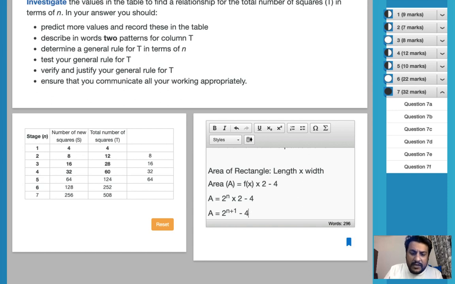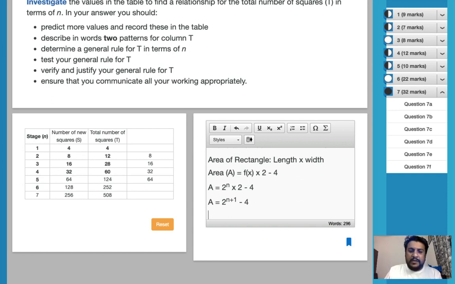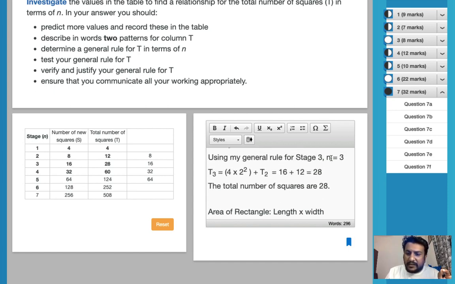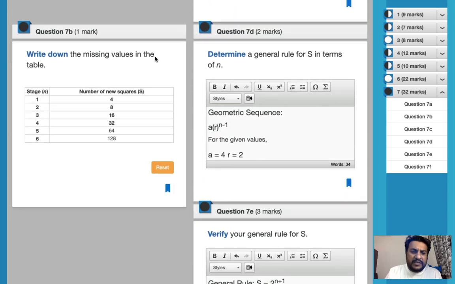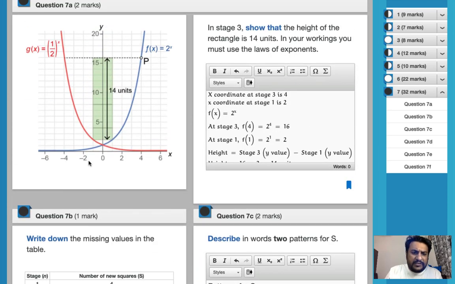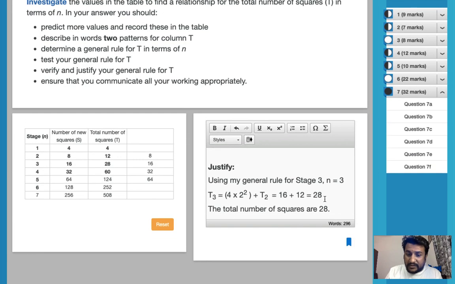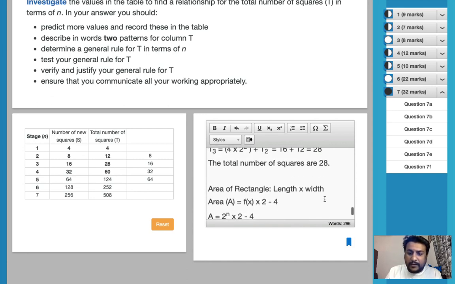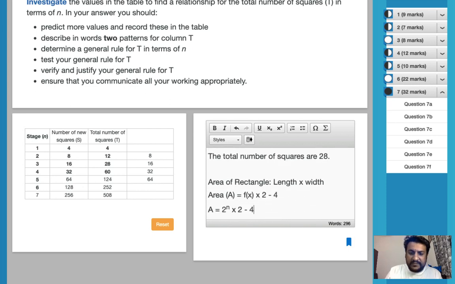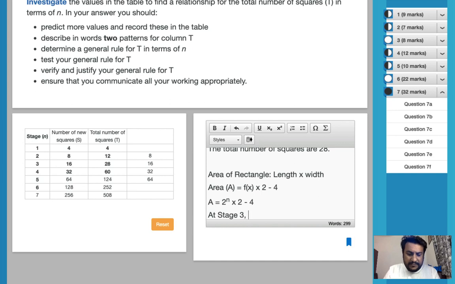Now we are looking at stage 3, so the value of n is 3. And what is the x coordinate over here in stage 3? This is stage 1, stage 2, stage 3. The x coordinate is 4. We'll remember this because this is how it is related. Over here, I'll write at stage 3, x.